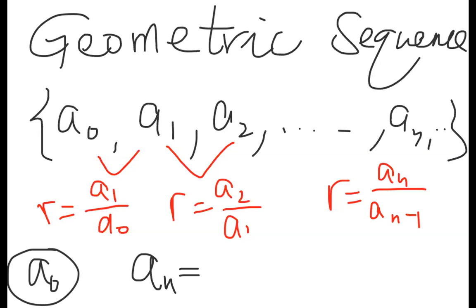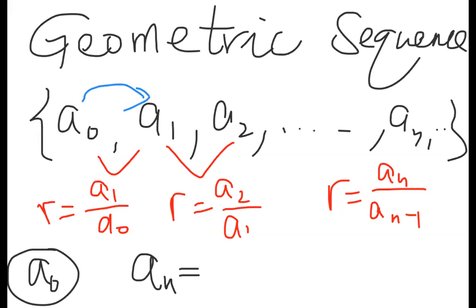Because a1 is a0 times this common ratio, and a2 is a1 times this common ratio. So for a2, you actually apply 2 powers of this common ratio from your starting term a0.